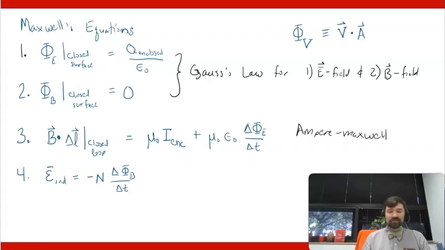The N is in place because we're assuming that this is the flux through one surface and that there could be multiple, for example, windings or something like that. So this right here is the Faraday-Lenz law. Faraday's law is most of this, and the Lenz law is this minus sign here.